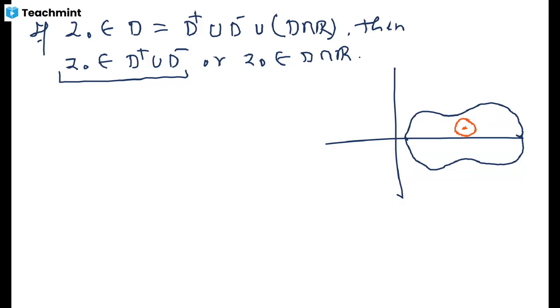Even if it lies in this D minus part, this being open, we can draw a small enough disk in such a way that it doesn't intersect the real axis.